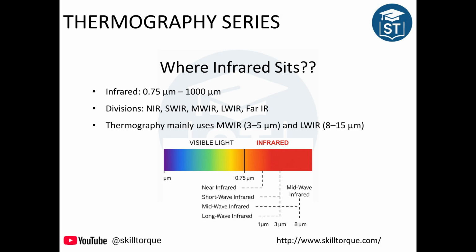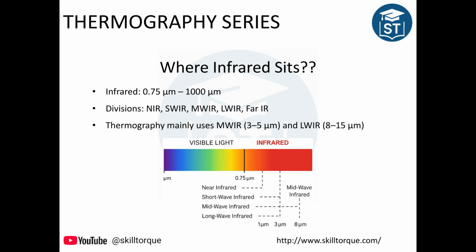The fourth one is the long wave infrared, also known as LWIR. It lies from 8 to 15 microns, and the last is the far infrared, which is above 15 up to 1000 microns, or you can say 1 millimeter.